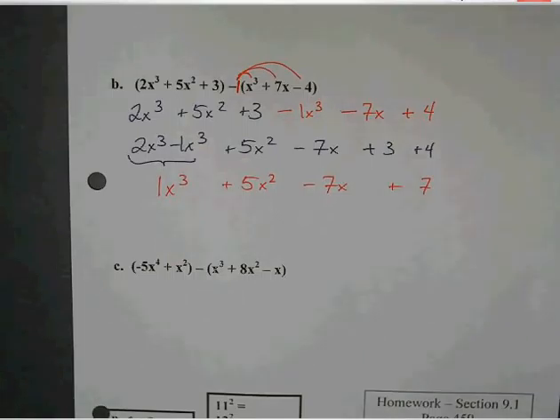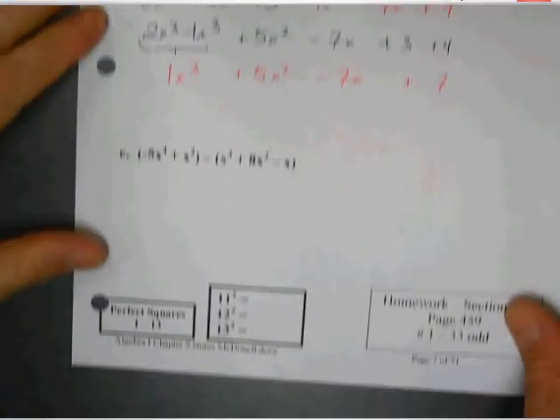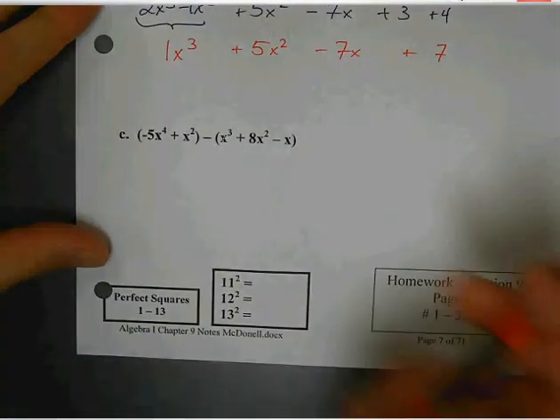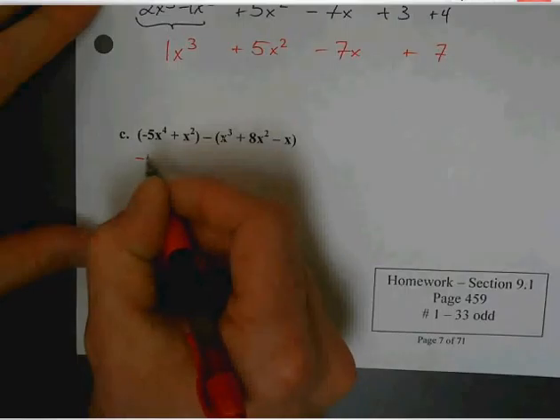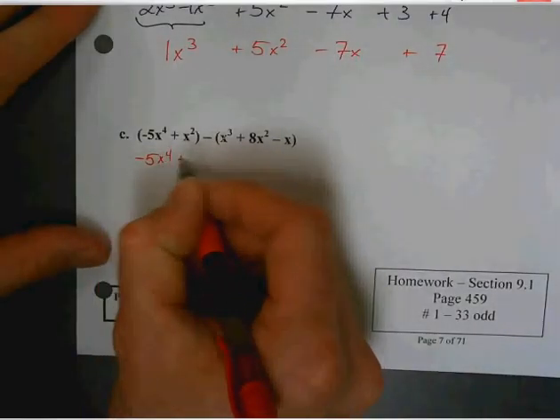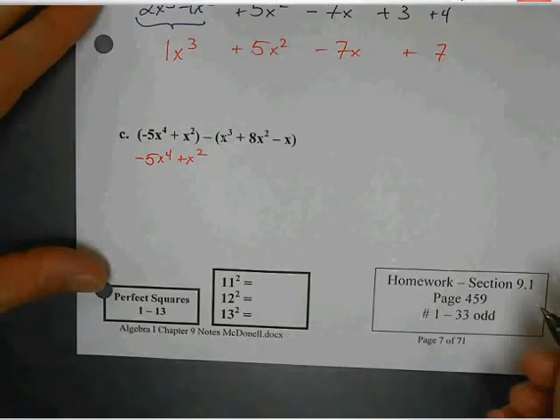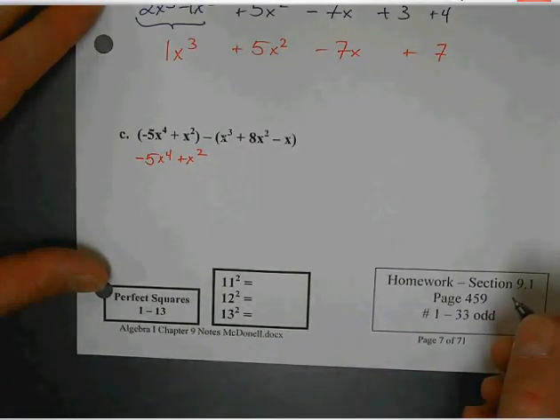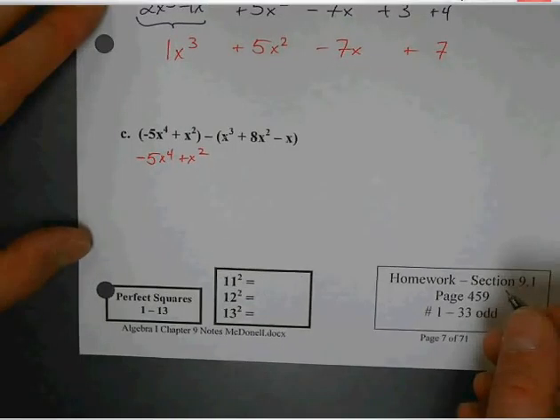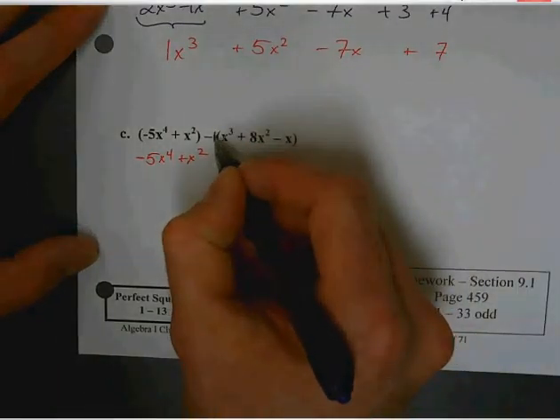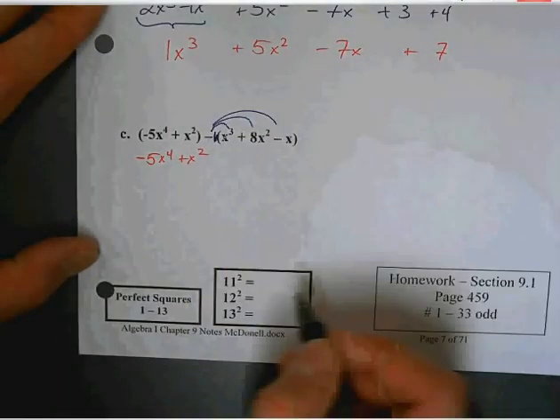All right? Just trying to show you different patterns here. And down here at the bottom, let's distribute. Negative 5x to the 4th plus x squared. Who can distribute the second part for me? Take that negative 1 and multiply it to all 3.